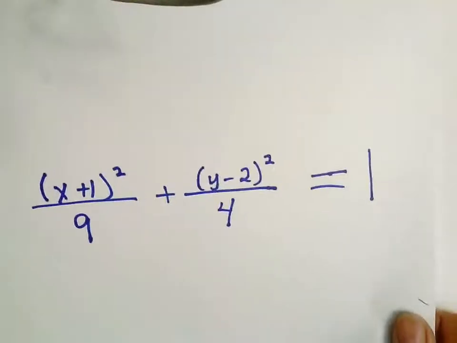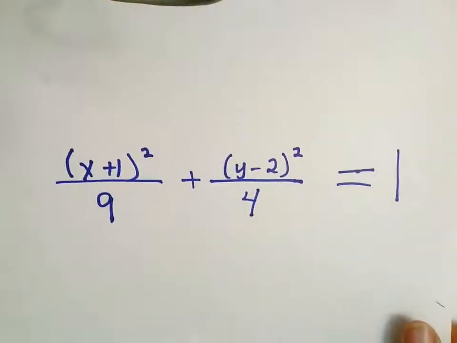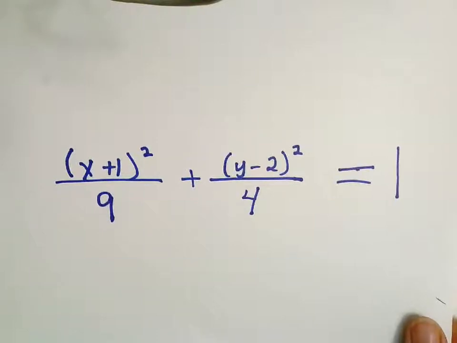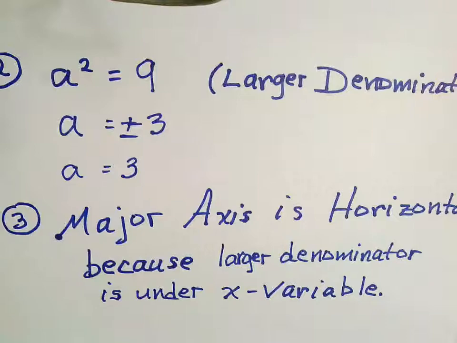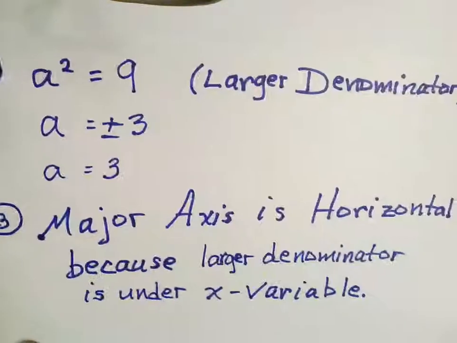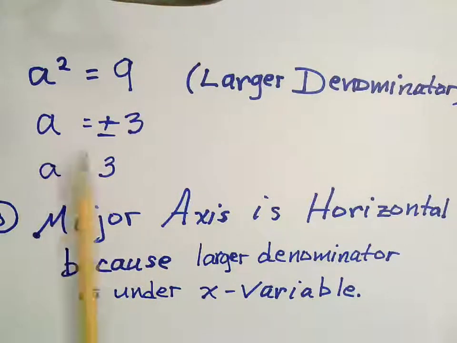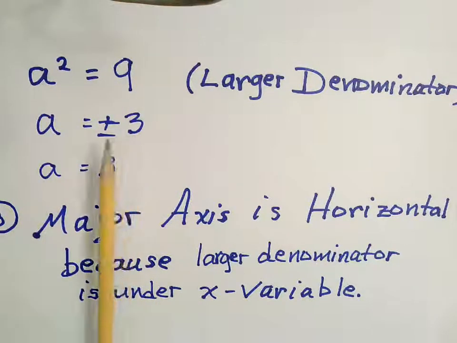Now remember, this is our ellipse that we're going to be graphing. So we're going to find the a square. Remember that the a square is always the larger denominator. So here, our a square is equal to 9. We take the square root, we get plus or minus 3.